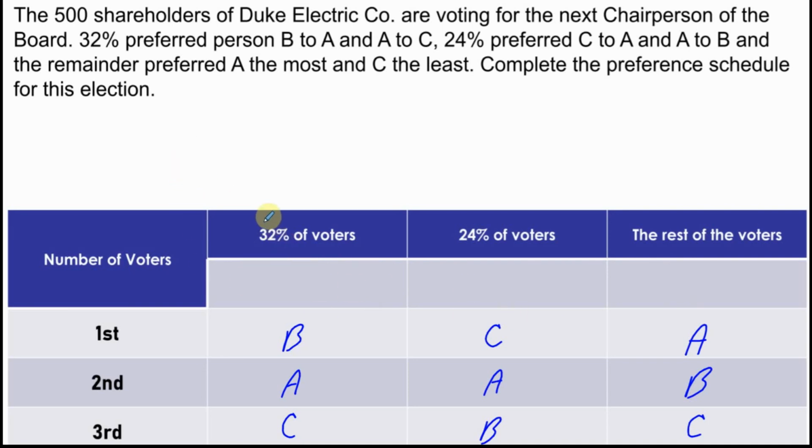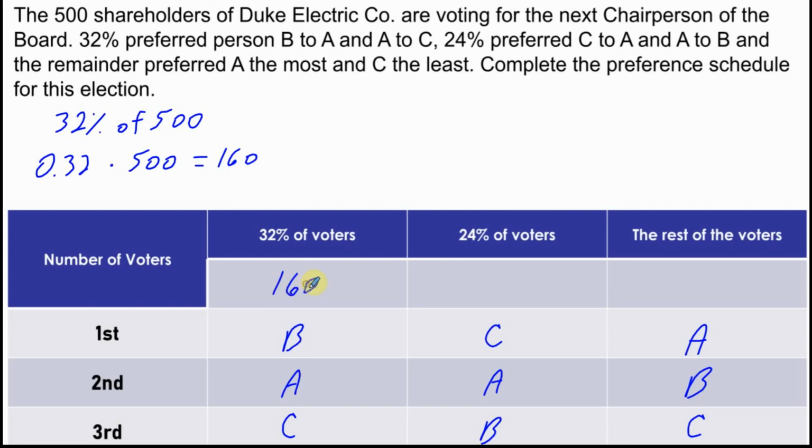All right, so we got to figure out 32% of the voters, remember there's 500 voters. Remember, we've done a little bit of work with percents. So 0.32 times 500, that gives me 160. So now I know 160 people voted in this order. Got to do 24%. 24% of, remember, there were 500 voters.